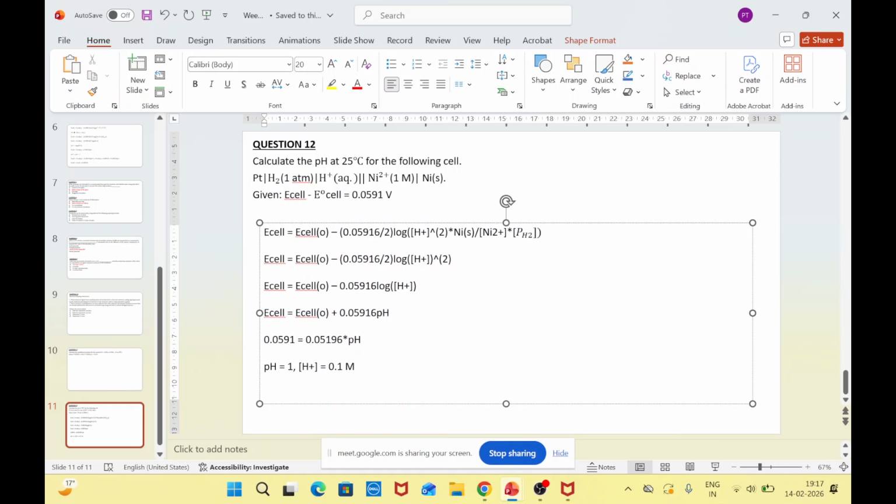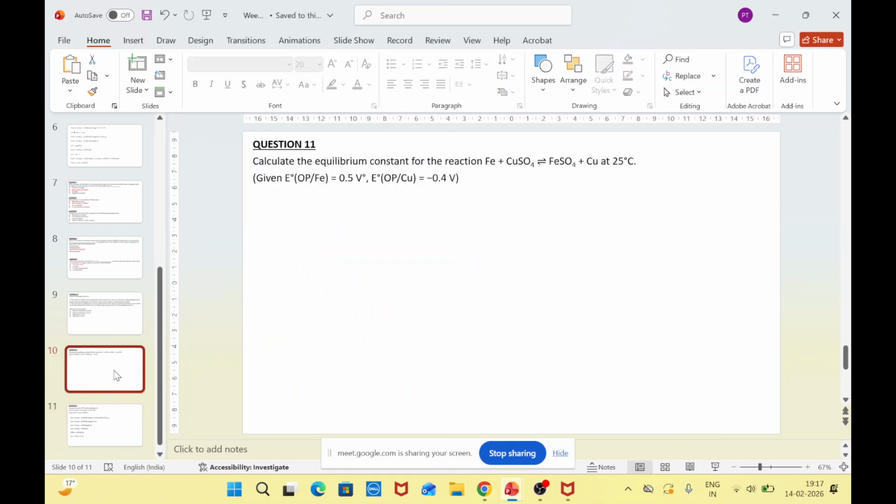So any doubts, because we have solved two questions in the same way? Any questions? We have one more. This is quite simple.